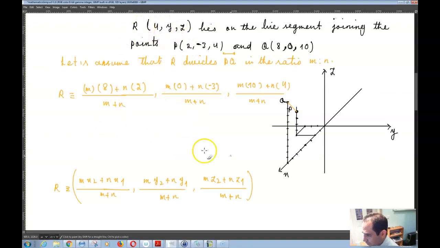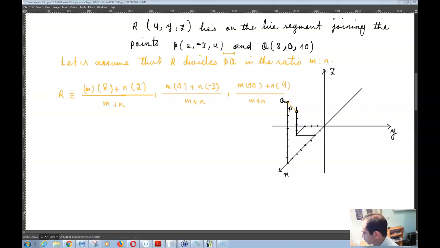And the coordinates of the point R, which are 4, y, z, are equal to 8m plus 2n over m plus n, -3n over m plus n, and 10m plus 4n over m plus n.